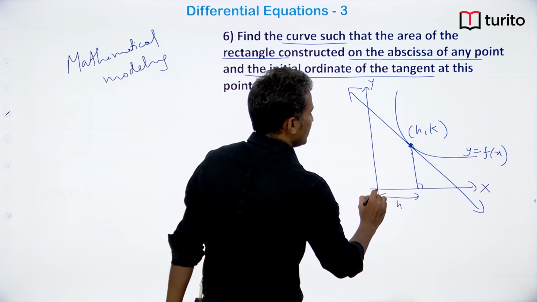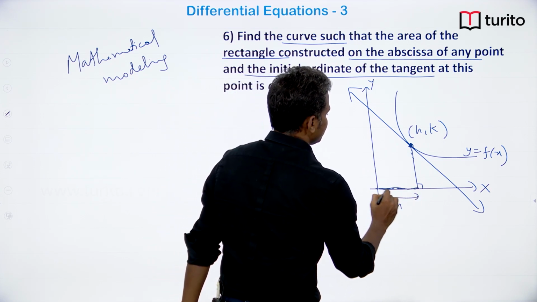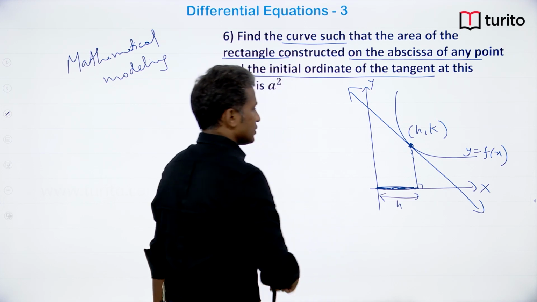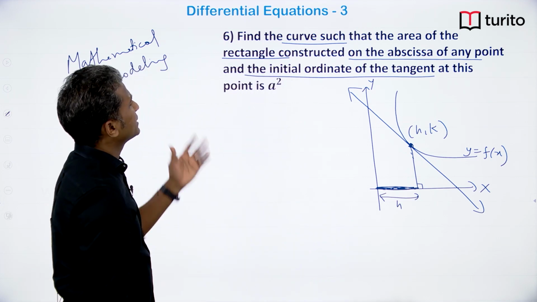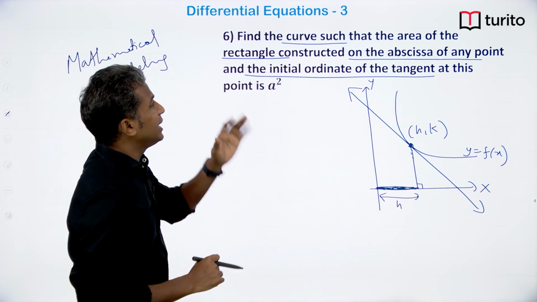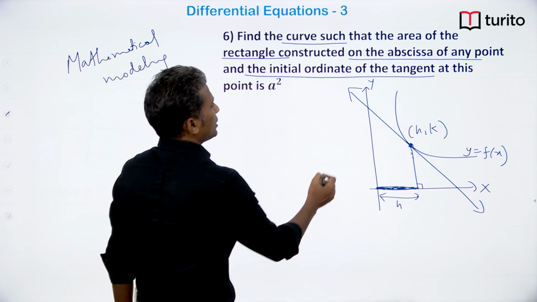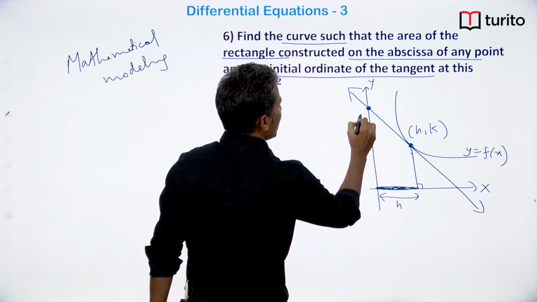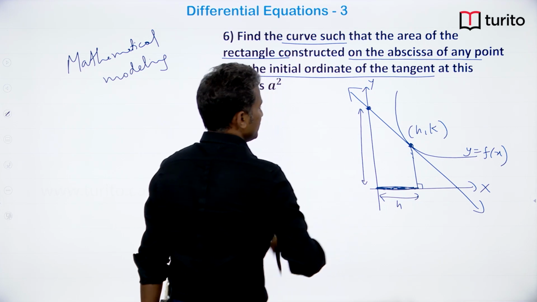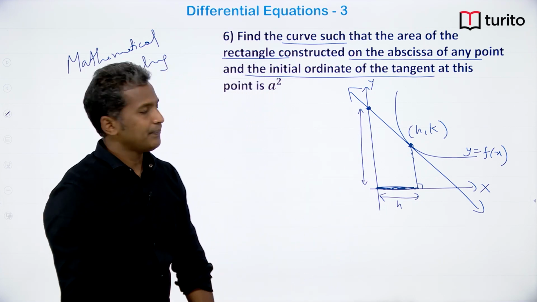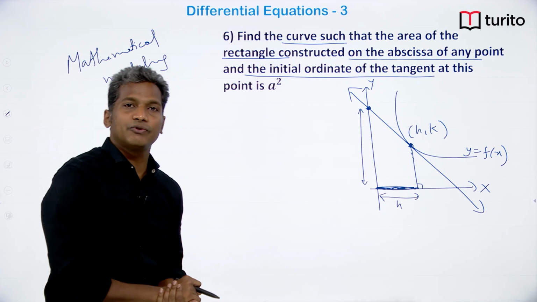So this has to be one side, okay. So this has to be one side, and the next, the initial ordinate of the tangent. So what is the initial ordinate? This height is the initial ordinate, which is same as the y-intercept. So what is the rectangle that is formed here?